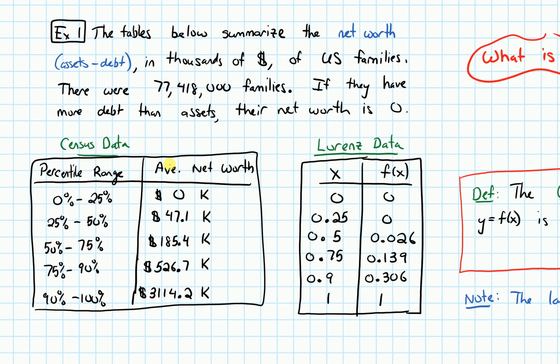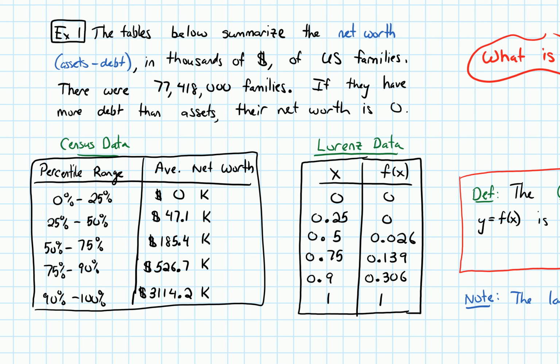The way I would read this is, in this first row, the bottom 25% of US families in terms of net worth have an average net worth of 0. And that means that they have just more debt than assets, or maybe an equal amount.